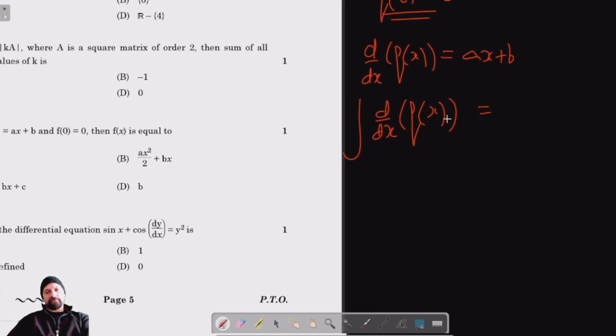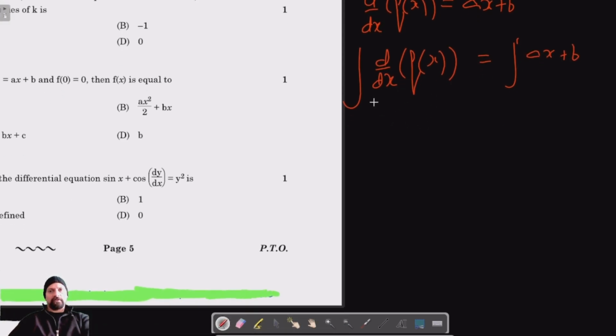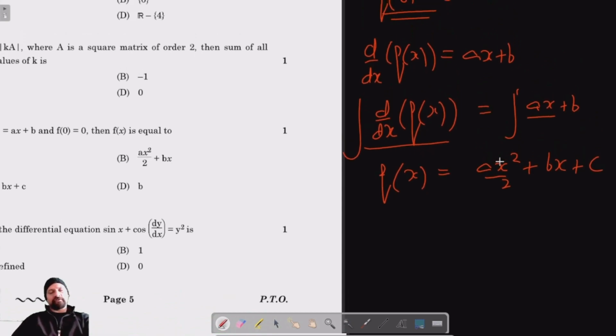Integration of the differentiation of the function will give us the function f of x. Integration of ax is ax squared by 2. Integration of b is bx, and don't forget to add the integral constant.